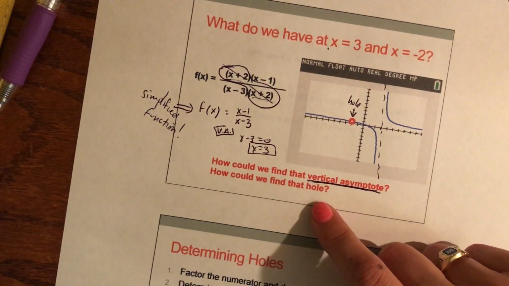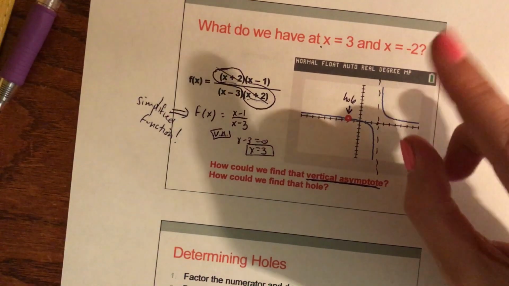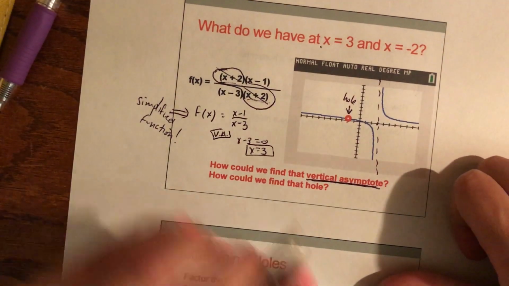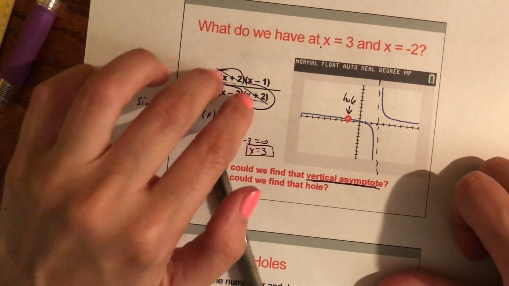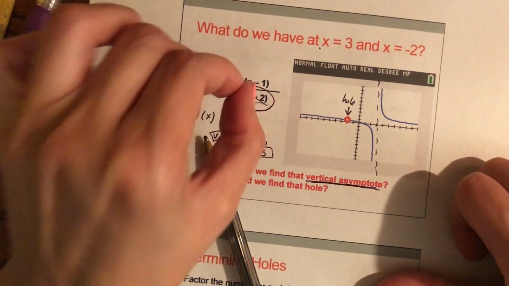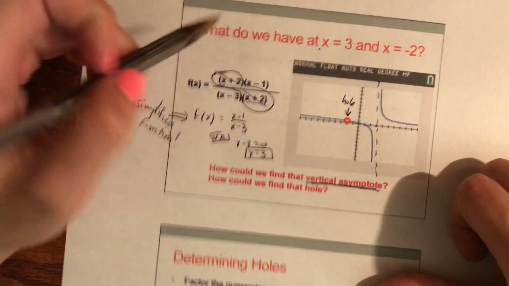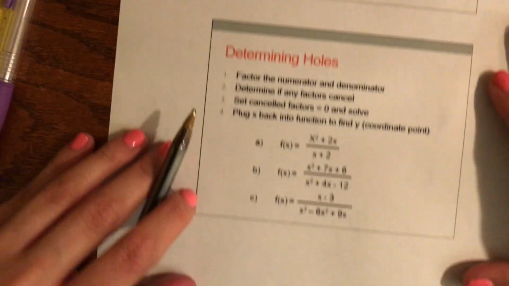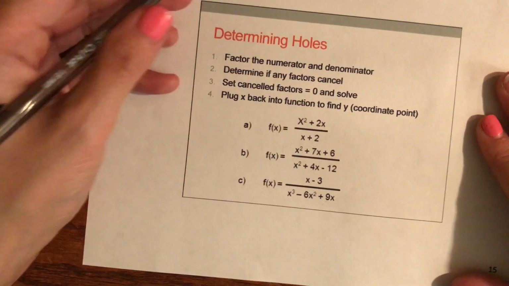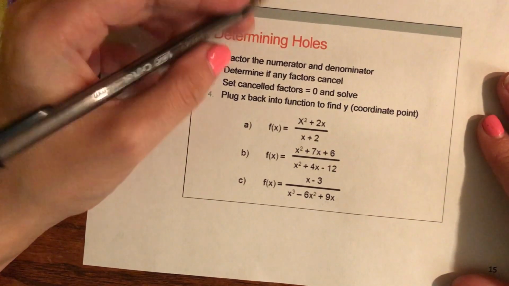Where did that go? Well, remember, a hole is just us literally taking a piece of the function and flicking it away. And so algebraically, what we did is when we canceled these two factors, we literally took a piece of the function and flicked it away, okay? So in order to find your holes, obviously you need a factor first, which was already done for you.